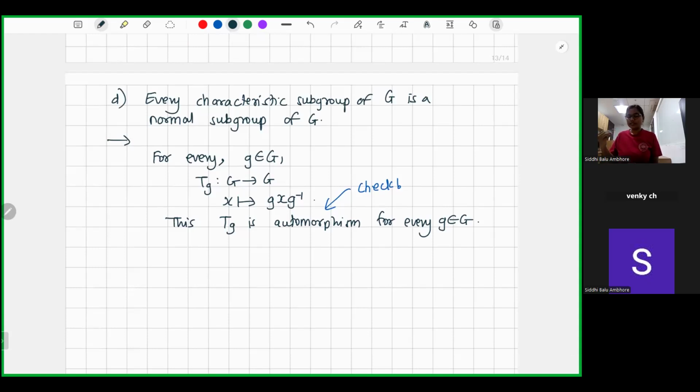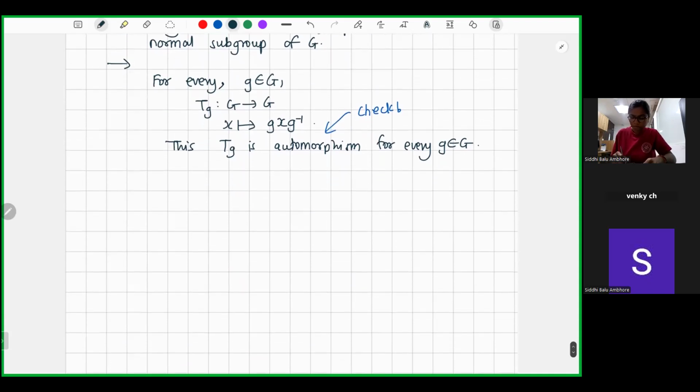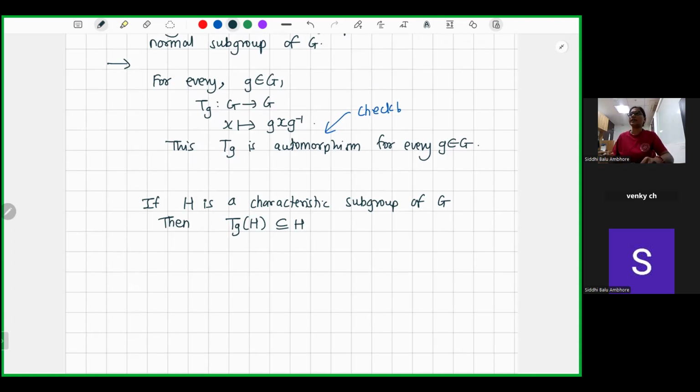But what we can now say is that it is a characteristic subgroup. Okay, so if something is a characteristic subgroup, then the image of that element must lie inside that group. So if H is a characteristic subgroup of G, then this T_g of H must lie inside H, right?